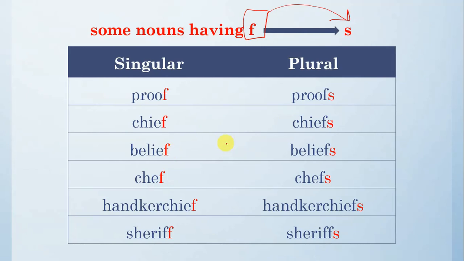Belief, beliefs. Chef, chefs. Handkerchief, handkerchiefs. Sheriff, sheriffs. So you're only adding S. You need to learn it, and when you practice it a lot, you will be a professional in it. Don't worry.